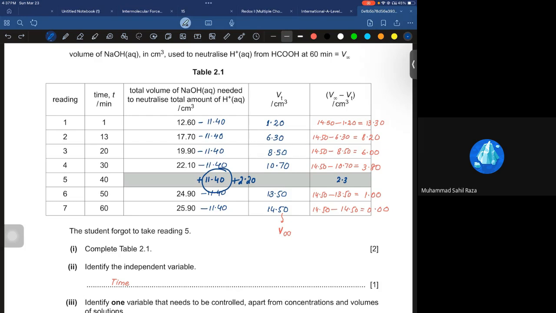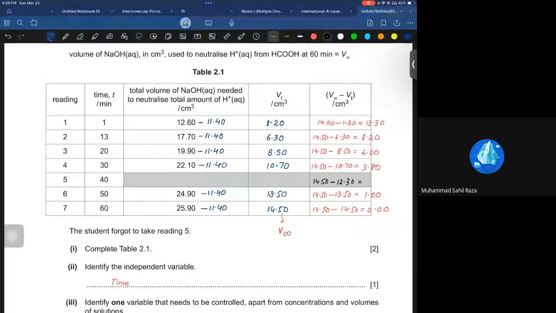So what value did we get from the graph? 2.20, right? So 14.50 minus 12.30.